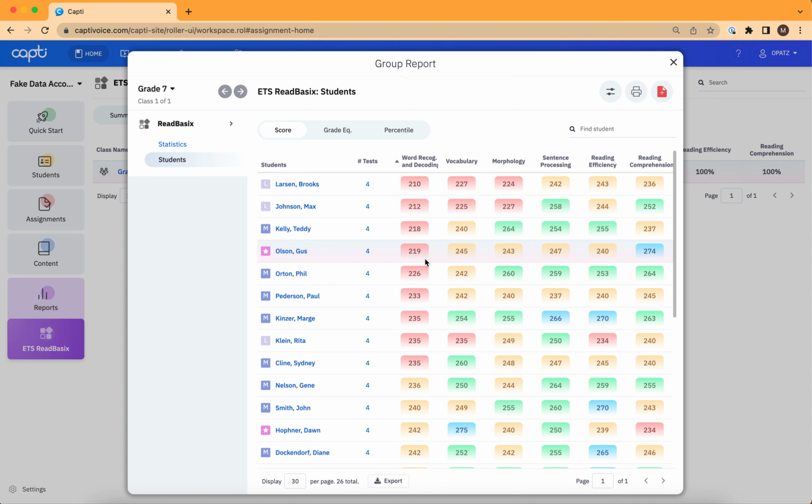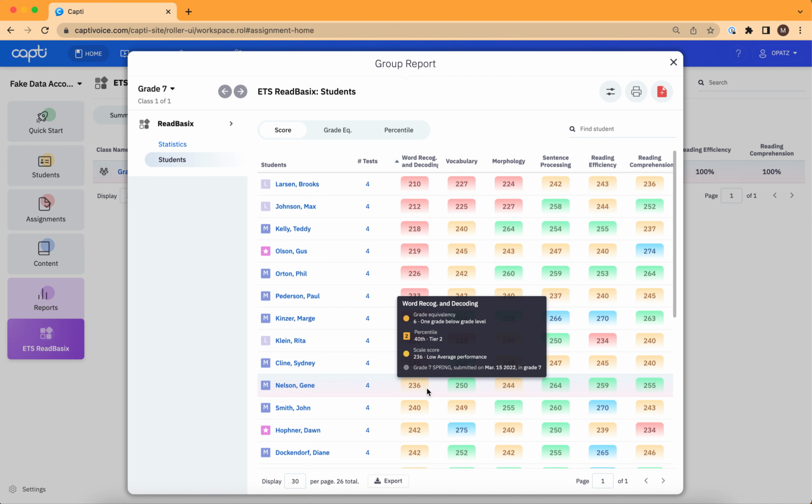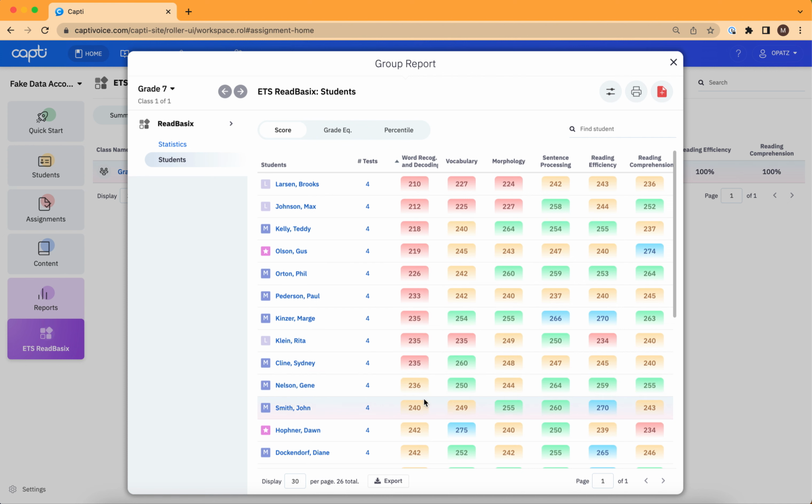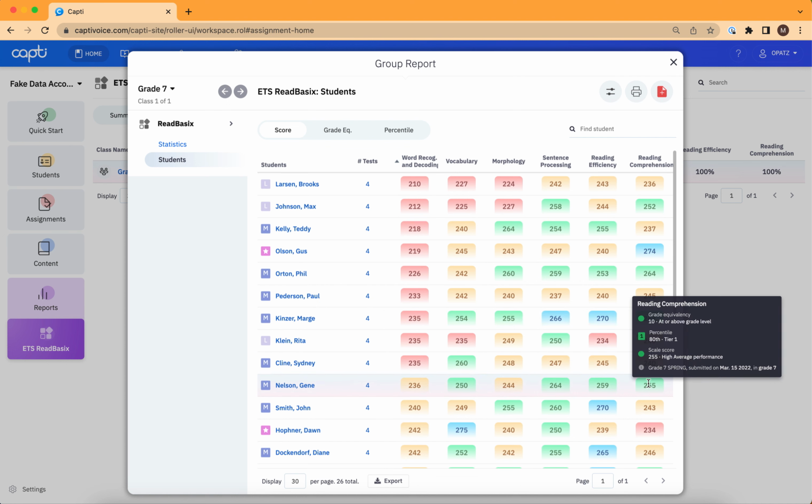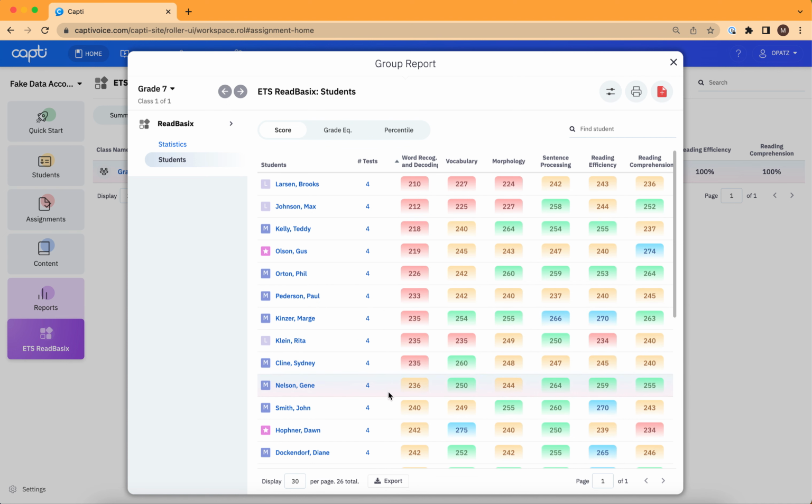So their inability to recognize words automatically and decode words actually just doesn't connect to reading comprehension. And then conversely, if students are above that 235 mark, they have a positive relationship with reading comprehension, meaning that their word recognition and decoding actually supports reading comprehension.